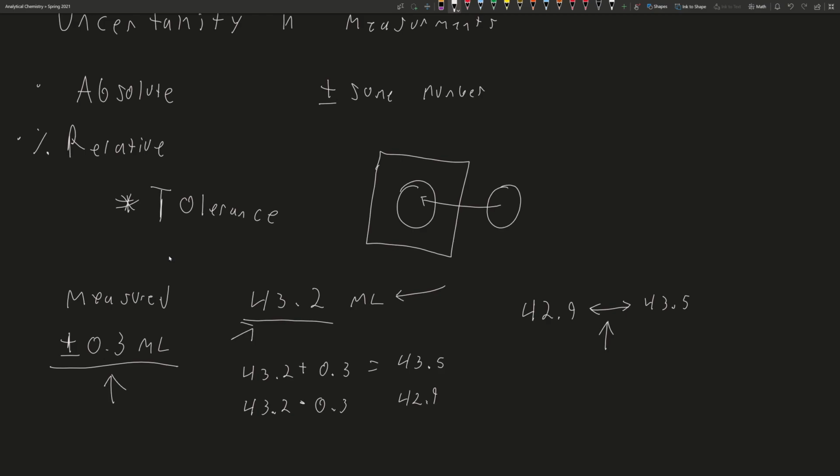Your value will always exist between 42.9 and 43.5, regardless of how many times you hit 43.2. And it could exist in multiple places in between these two numbers. This is essentially where that variation and jiggle comes from.